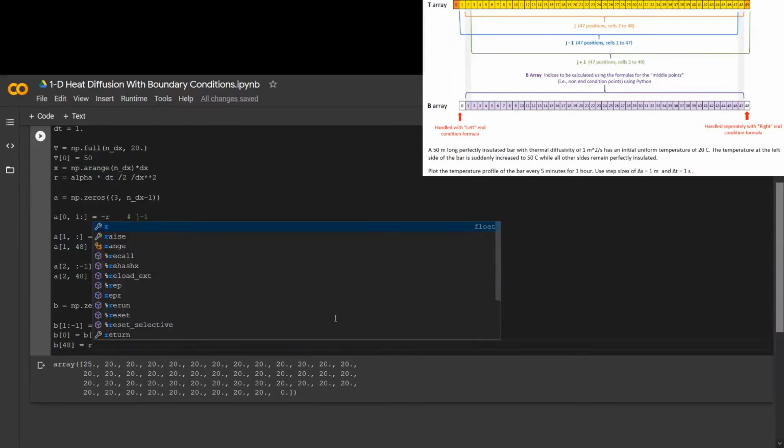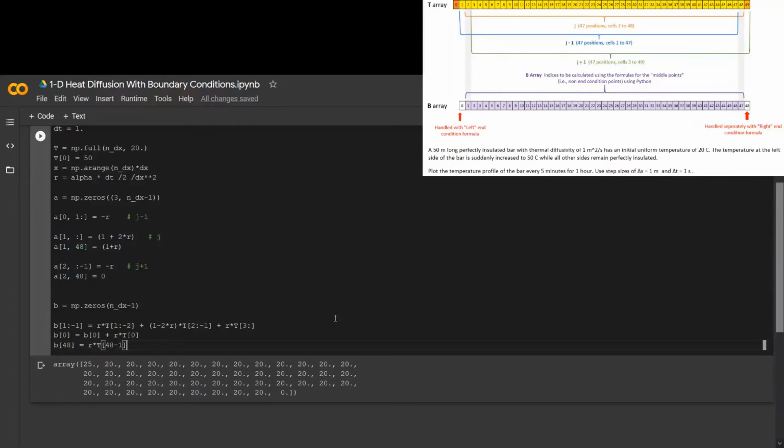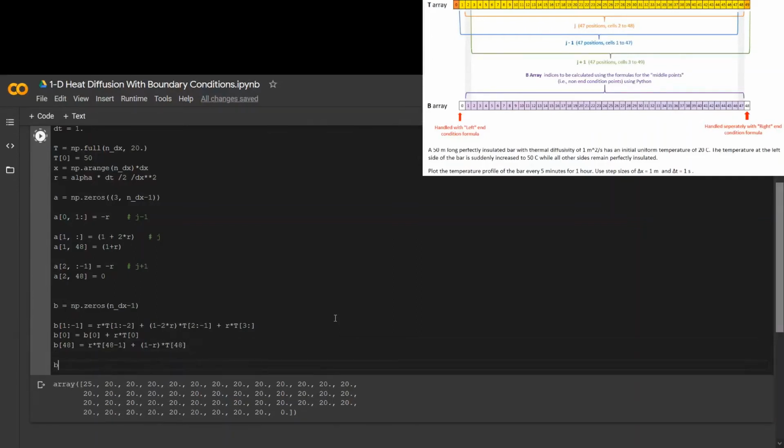So it's going to be R times our temperature at J minus 1, which is 48 minus 1, plus, is it 1 plus R or 1 minus R for this? Yeah, 1 minus R, because it's the B side. 1 minus R times the temperature at that position at 48. And that should be correct initially.